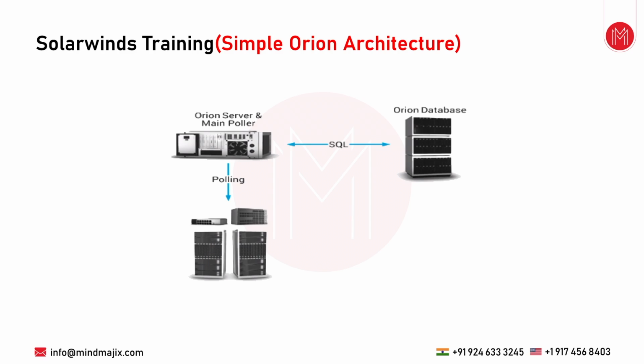In this simple architecture, everything, whether it is the web server, the user interface, what the user sees in the dashboard or console, or the polling of the availability and performance data from the infrastructure elements, is taken care of by the Orion server.